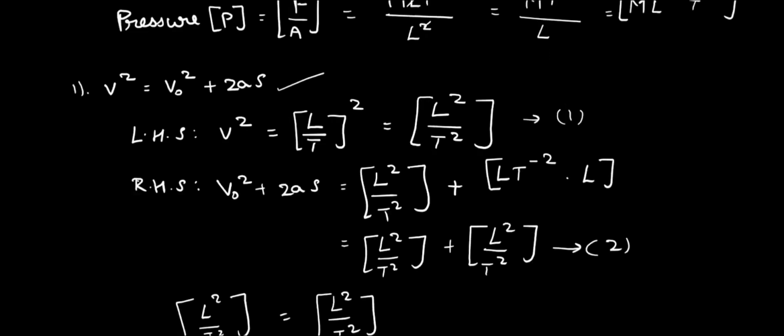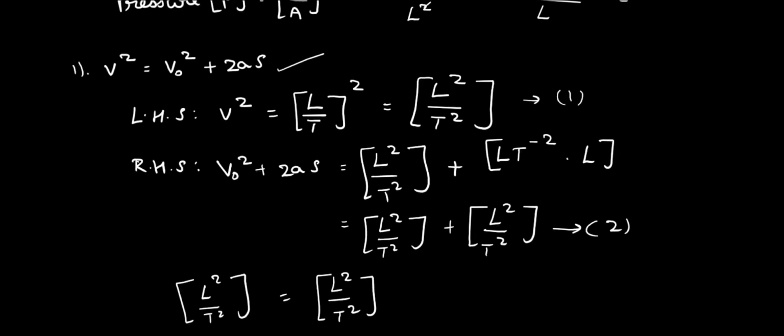Then we solved a problem, where we checked whether this equation is right by using dimensional analysis. We took the LHS, which is V square, and we know velocity is length by time, so we got L square by T square. In the RHS terms we have V naught square plus 2AS. For velocity we get the same answer, L square by T square.